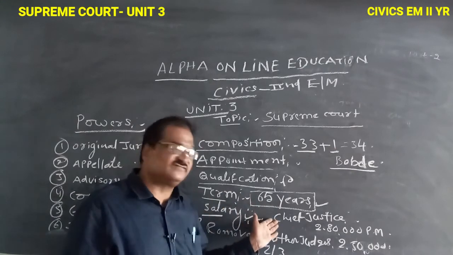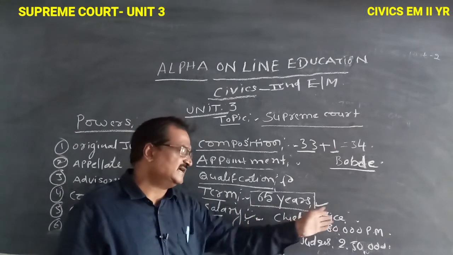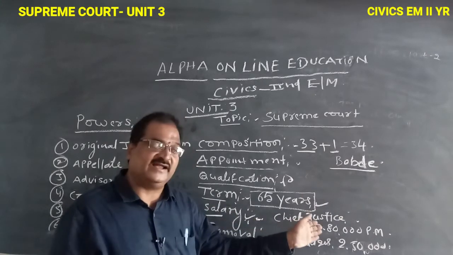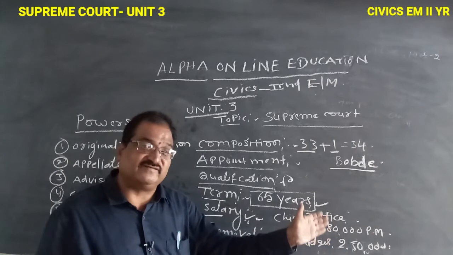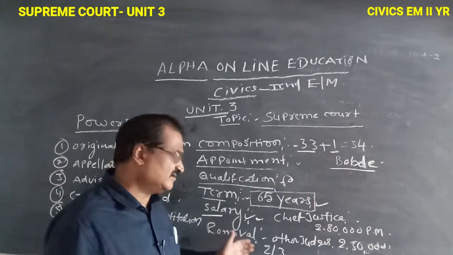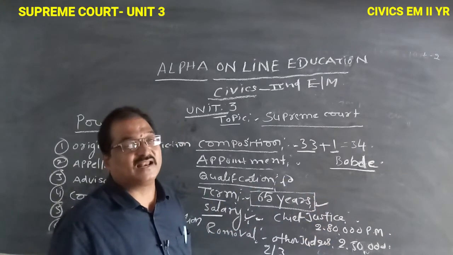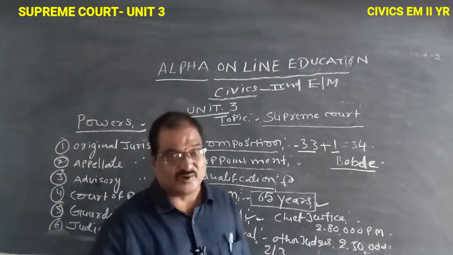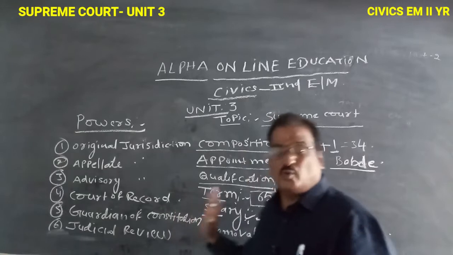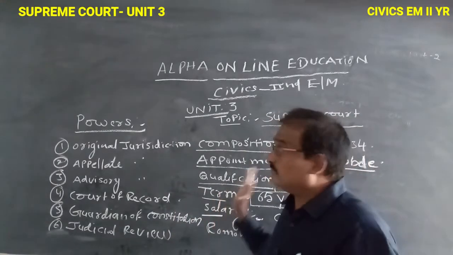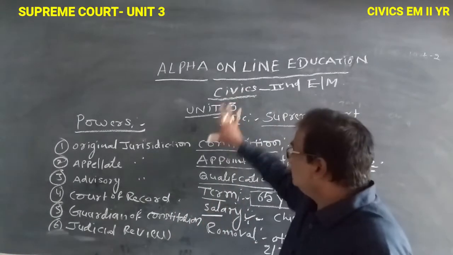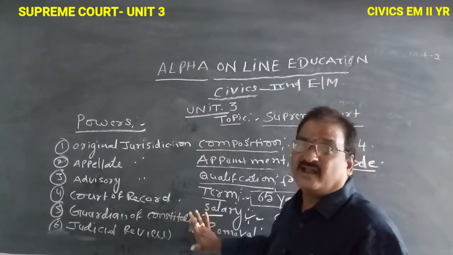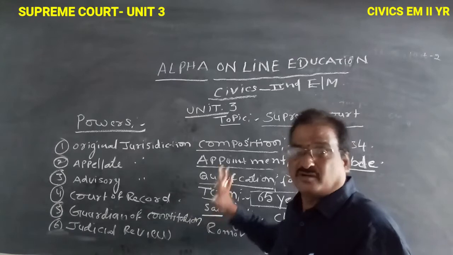The salary of the Chief Justice is 2,80,000 for one month, and other judges' salary is 2,50,000 for one month. For removal, Parliament removes them if they are corrupt, and a 2/3 majority is compulsory. This is the composition of the Indian Supreme Court.